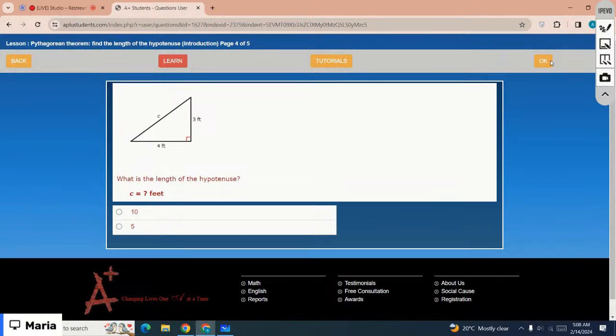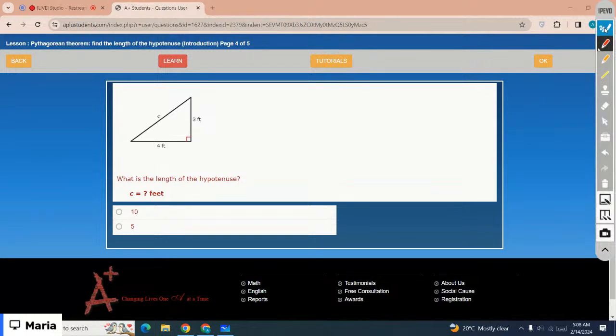You need to calculate the value of c. So c square equals a square plus b square. That is 4 square plus 3 square. 4 square is 16, 3 square is 9.